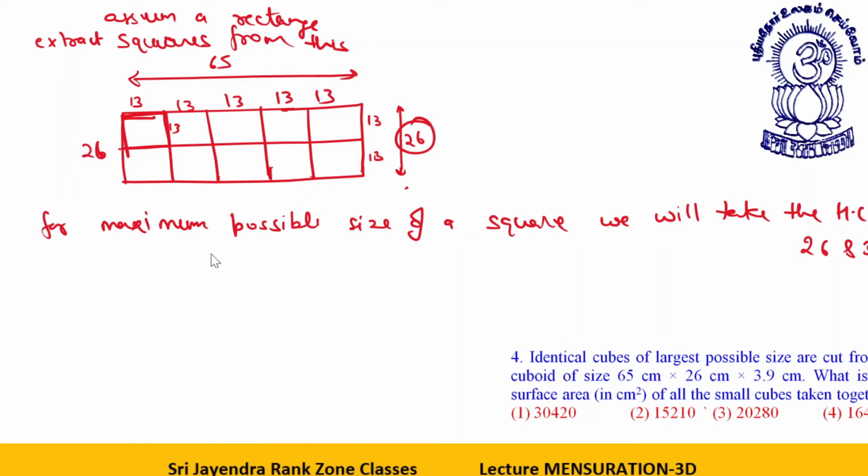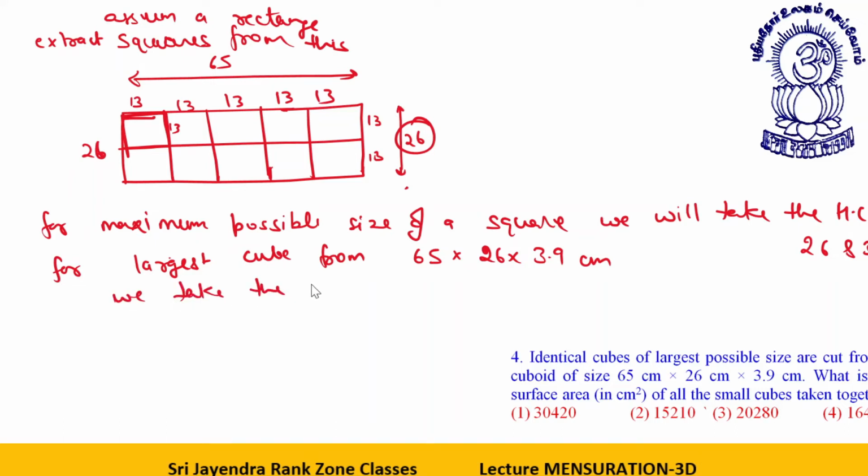So this is the way. Similarly, for the largest cube from 65 into 26 into 3.9 centimeter, we take the HCF of 65, 26 and 3.9 centimeter.